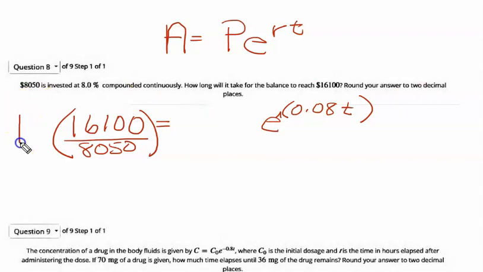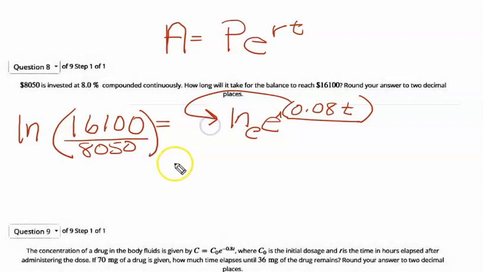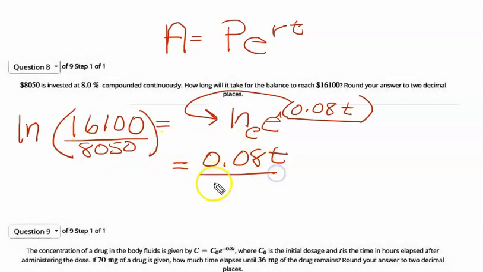And you might say, what do we do next? Well, we're going to take the natural log of this side, the natural log of this side. And remember, this then becomes 1. We take our exponent, put it out in front, and now we have 0.08t equals this. So what do we do now? Well, we're going to divide both sides by 0.08.